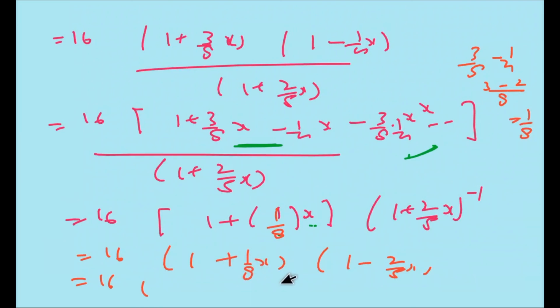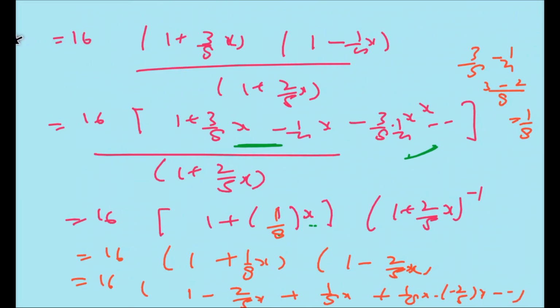Okay, so now after multiplying this, what we get? 1 minus 2 by 5x plus 1 by 8x, and 1 by 8x into minus 2 by 5x we leave, as it is a higher power.